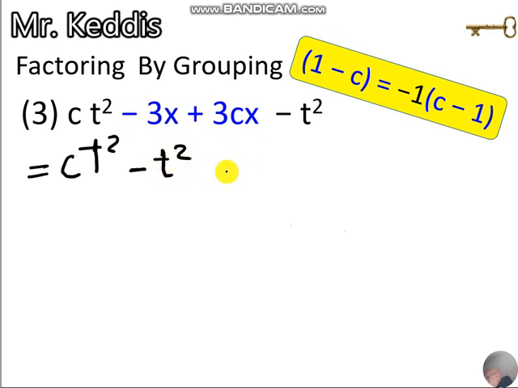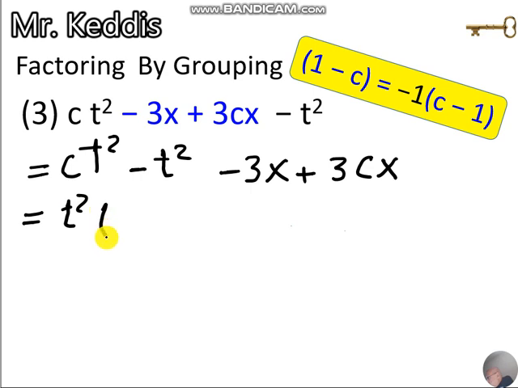I write those down: negative 3x plus 3cx. Equal under equal. I take t squared as a common factor, which means c here minus 1. Minus, I take negative 3x as a common factor, because this is 3x and this is 3x.